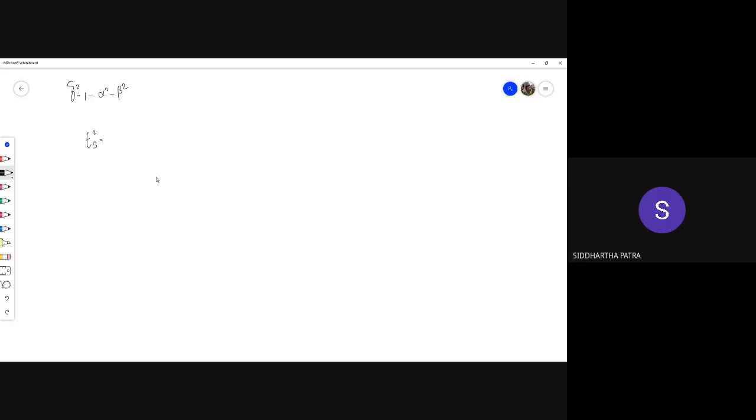So Tn squared has a lot of terms, 6 terms to be precise. So in that expression too, if you substitute for gamma squared, I believe you get something like this.